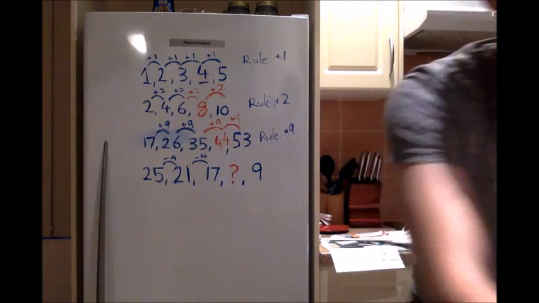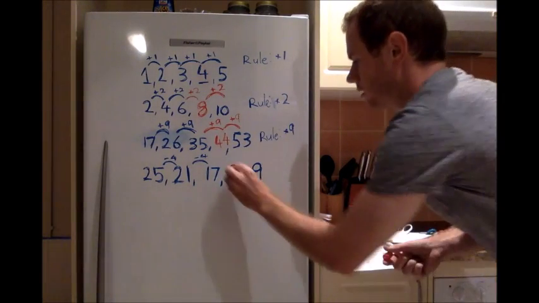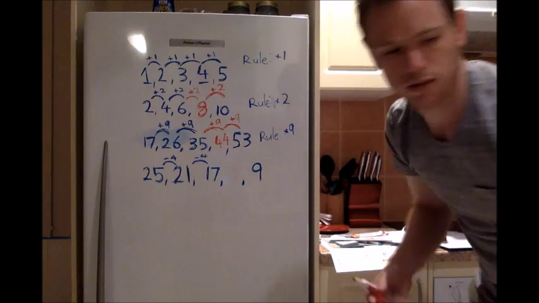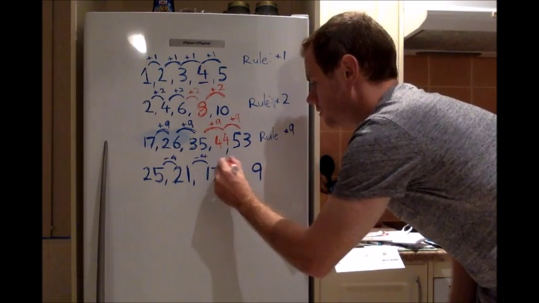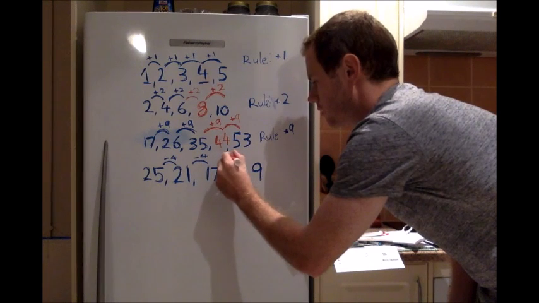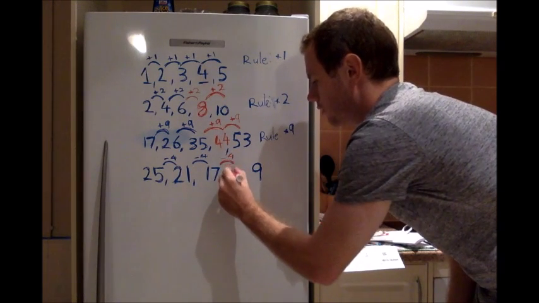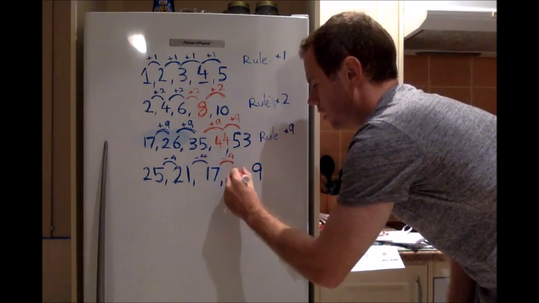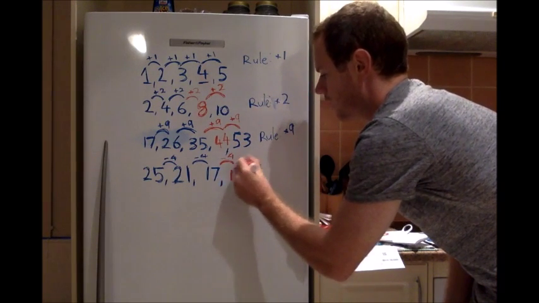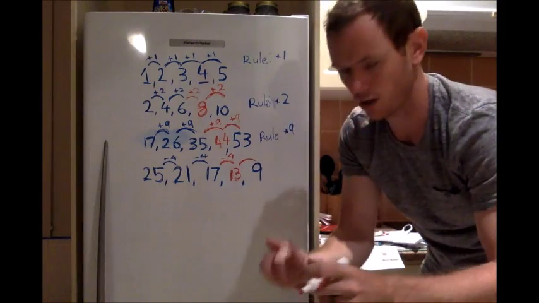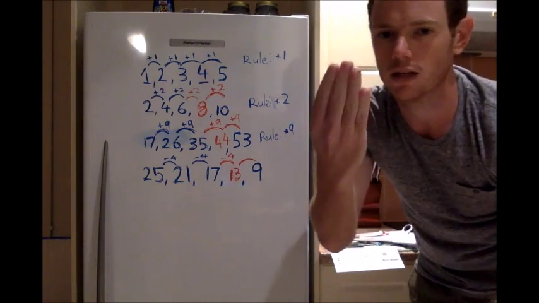So knowing that, we can look at our missing number and go down from 17. We now know that our rule is minus 4. So we're going to know that it's going to be 13. Now double checking that, we'll keep going to make sure the pattern works. 13, 12, 11, 10, 9.